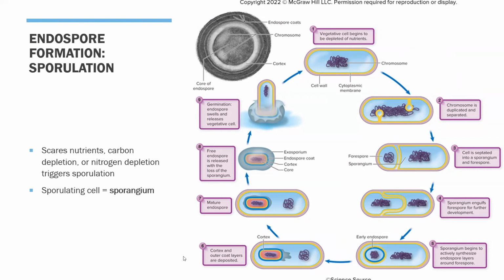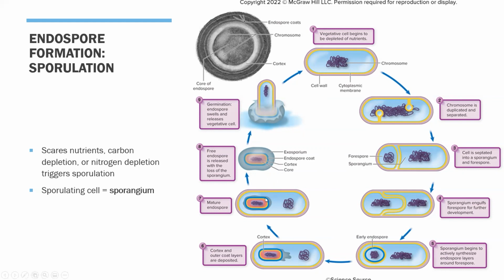Then it will further continue, and a cortex and an outer layer will be deposited. So you'll see multiple layers have been laid down on it. We have our purple cytoplasm with the genetic material, we have a cortex, and we have a cell wall, and we're further laying out all of the components to preserve the endospore for later.